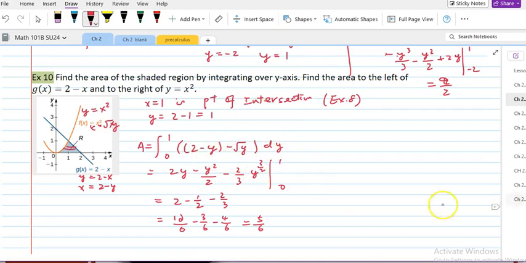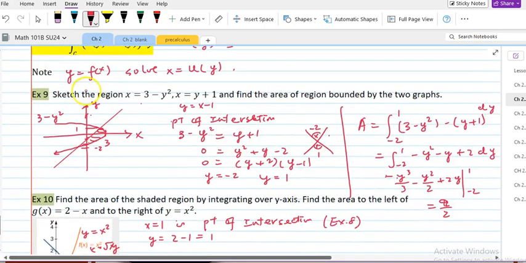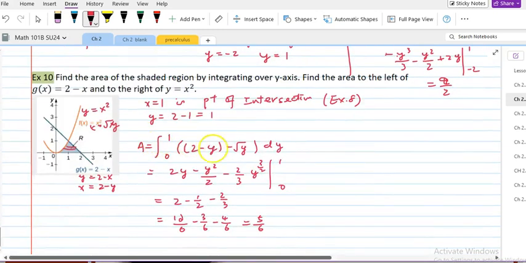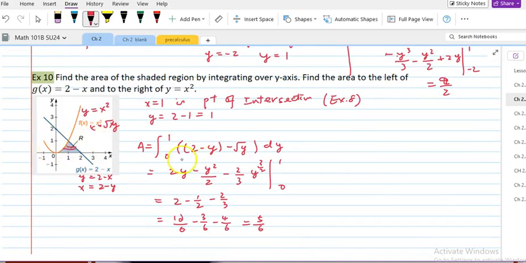So that is all for this. The third video is about finding area where the interval is with all the x equals a function of y formulas, and you have a y interval, or you can have a complex region treated as left to right, and then do dy.